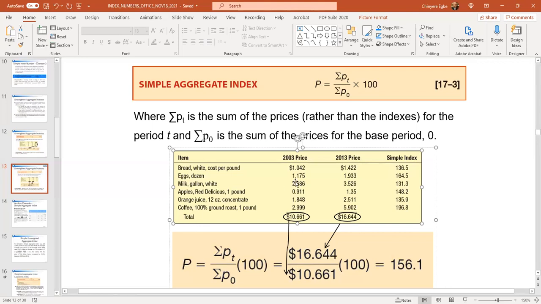Because you simply added all these prices here, which is to say, if you were to spend money on bread, 1 pound of bread and 1 dozen eggs and 1 gallon of milk and so forth, in 2003, the way you consume them per pound, you spend $10.6.